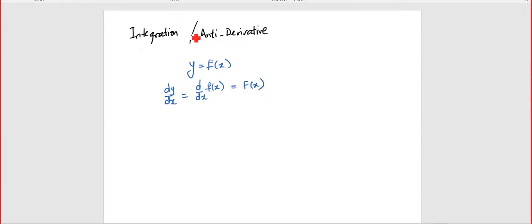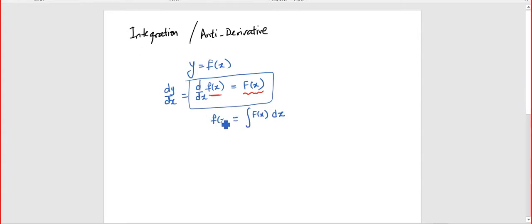Now if we want to get this function back, given the derivative of a function, then we apply the reverse operator, which we call integration. So we will use the integral of F of x dx. To understand this dx, we integrate both sides of this term with respect to x, so the left side becomes only f of x. This is called the antiderivative or integration.